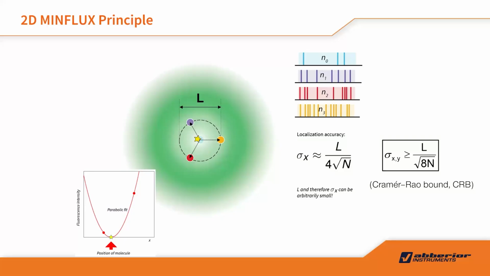Once the donut center is getting close to the molecule, the signal is darker and darker. While when it's away, the signal is brighter. It's a very clever way, right? So you know, okay, the signal is getting darker and darker, I'm in the right direction. In this way, you protect a lot of signal photons from being wasted or bleached, okay?